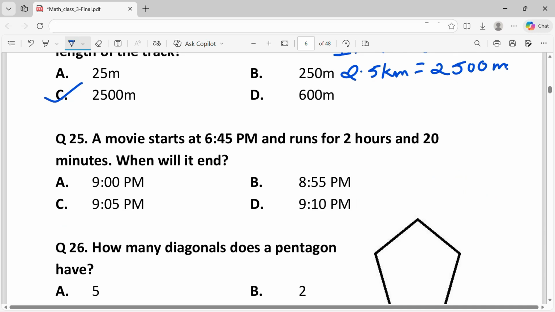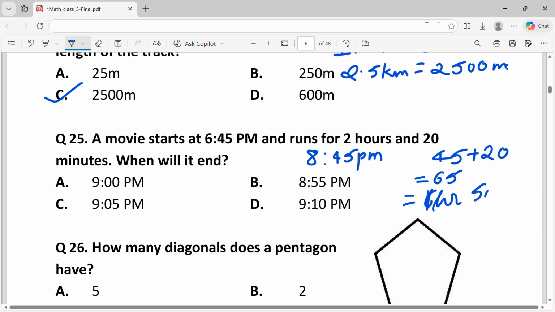Question 25. A movie starts at 6:45 p.m. and runs for 2 hours and 20 minutes. What time will it end? So, 2 hours from 6:45 p.m. is 8:45 p.m. Now 20 minutes from 8:45 p.m. will be 45 plus 20, which is equal to 65, which is equal to 1 hour and 5 minutes.